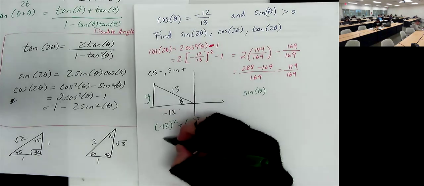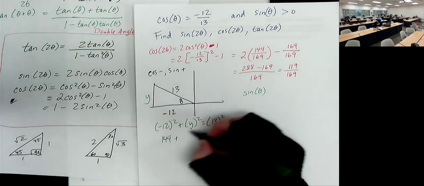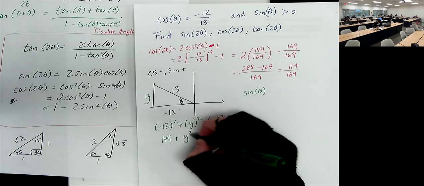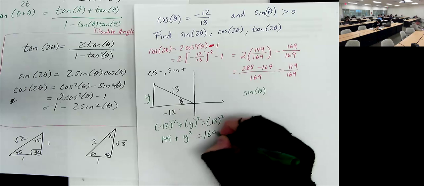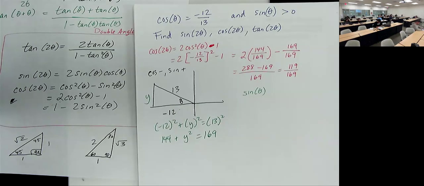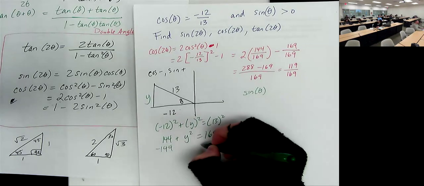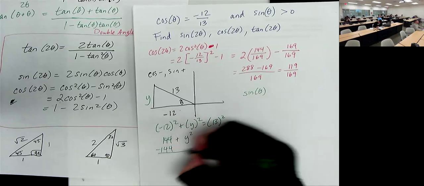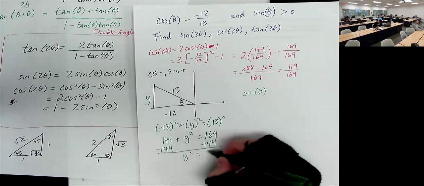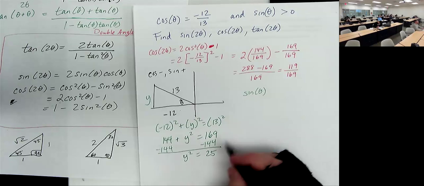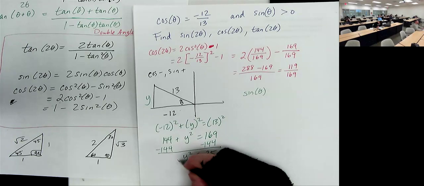So 12 squared is 144. The negative goes away because we're squaring it. 13 squared is 169. Get y squared by itself. And we take the square root.